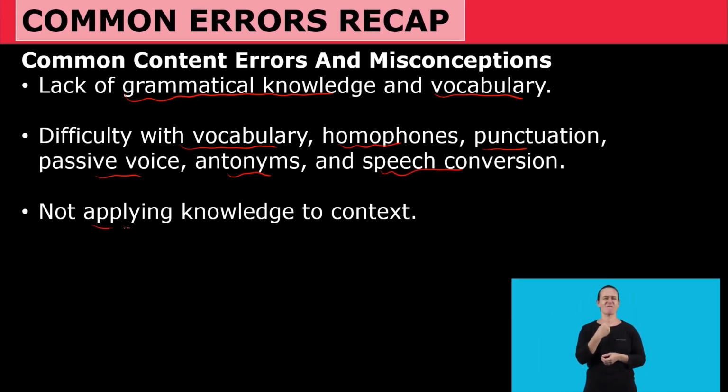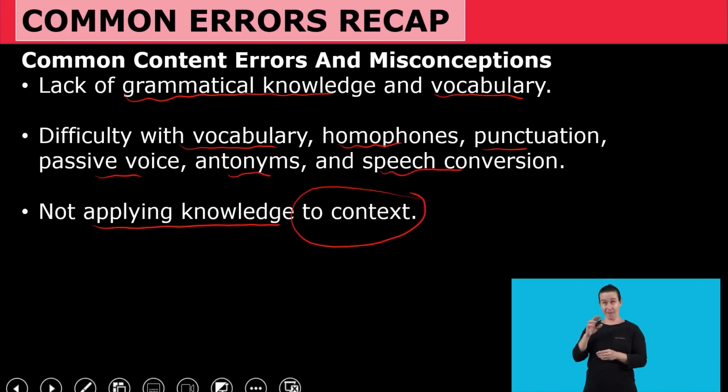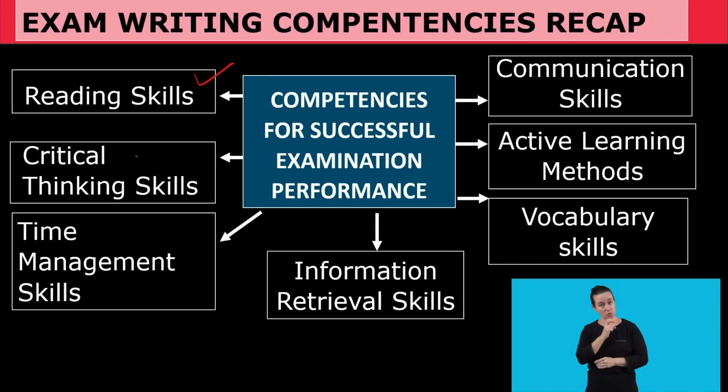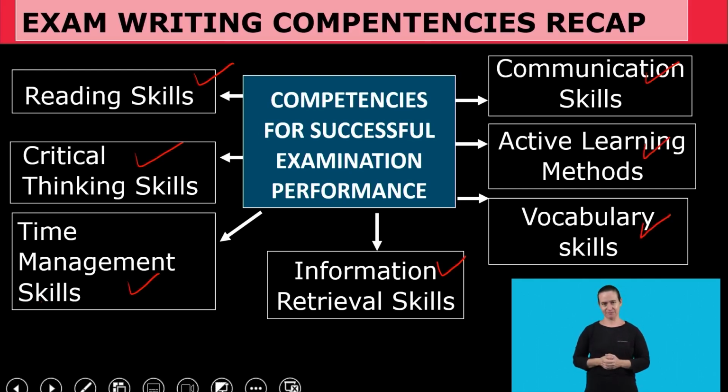And of course, not applying the knowledge to the context. That's so important. Exam writing competencies that you always need to use: reading skills, critical thinking skills, time management skills, information retrieval skills, communication skills, active learning methods, and your vocabulary skills.